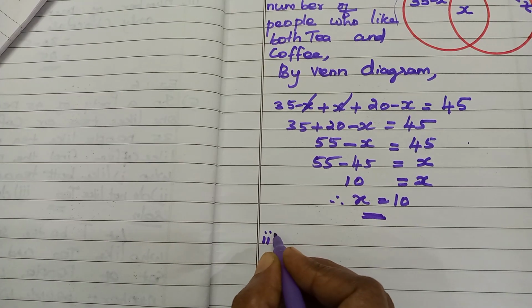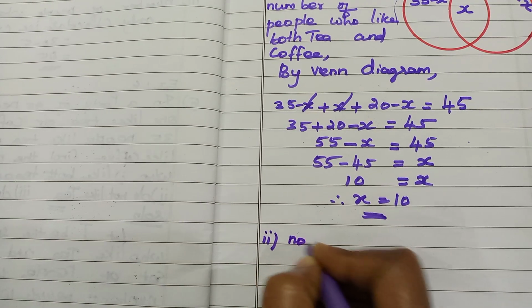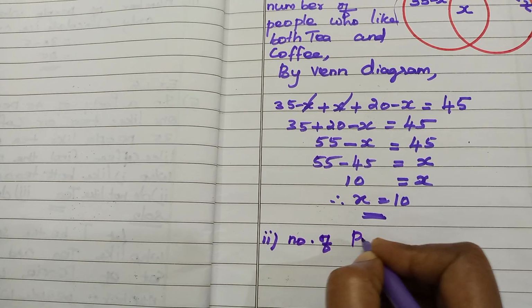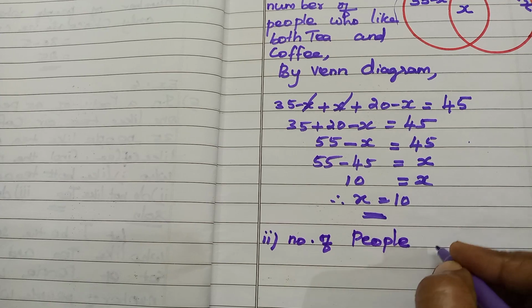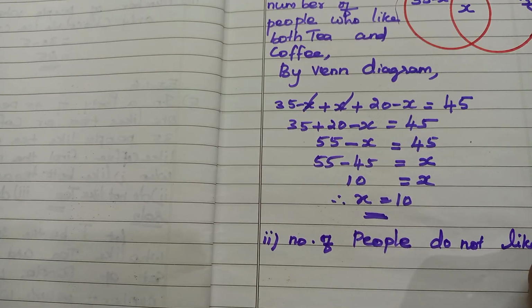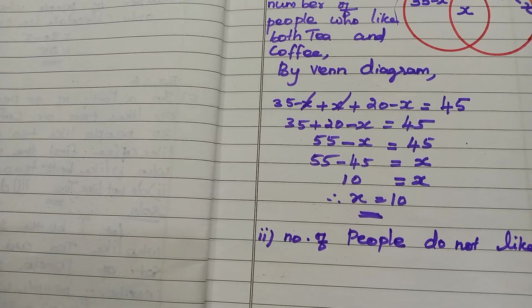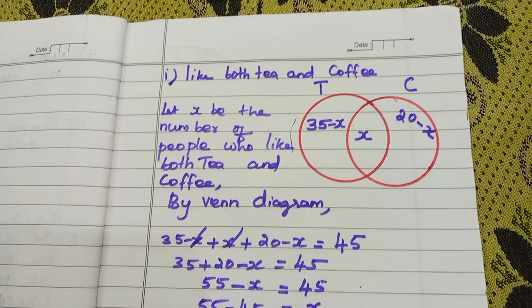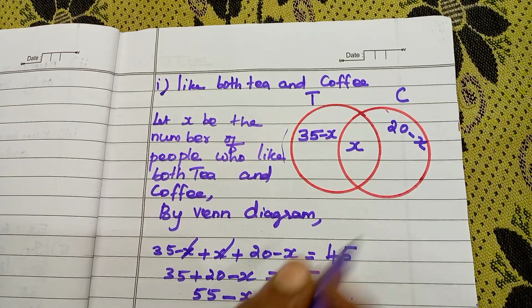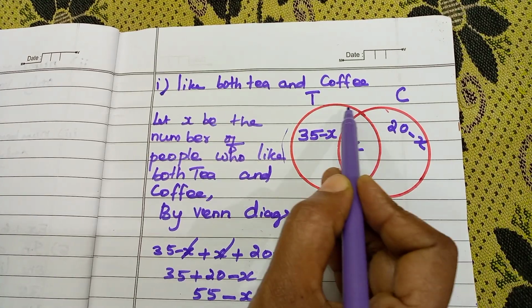What is the second subdivision here? The number of people who do not like tea. Do not like tea means they will like coffee, that is, except the tea circle. This tea circle fully we should not touch.